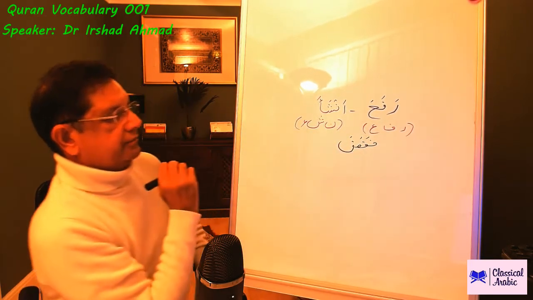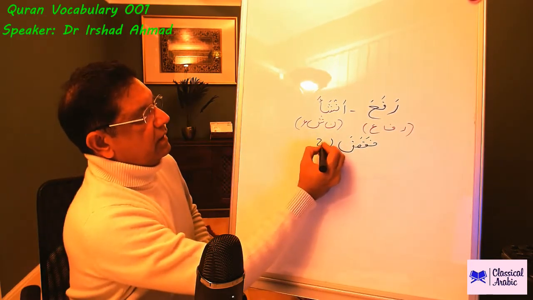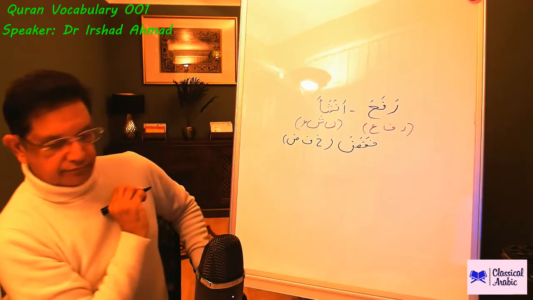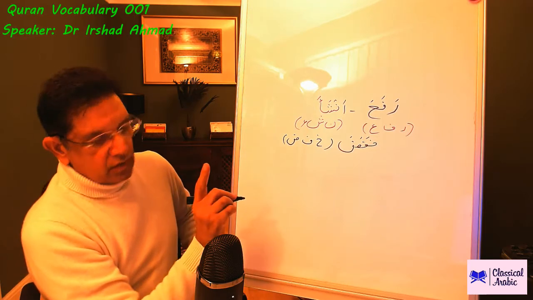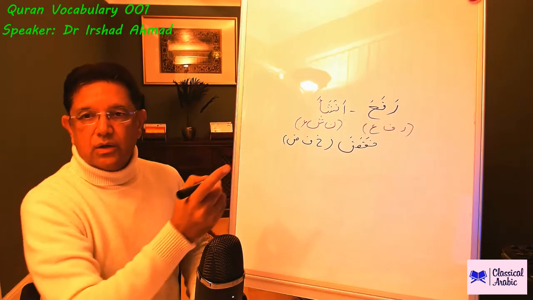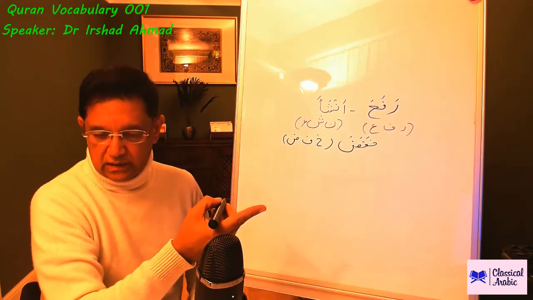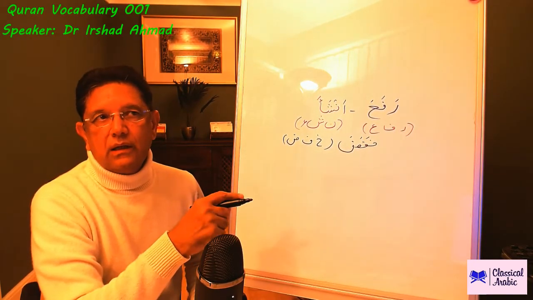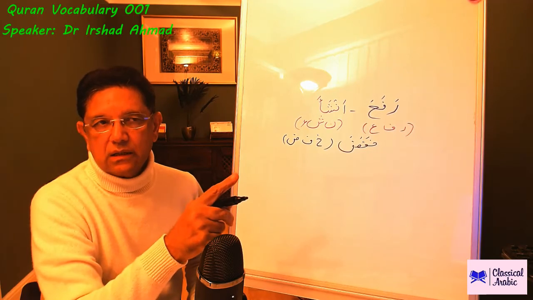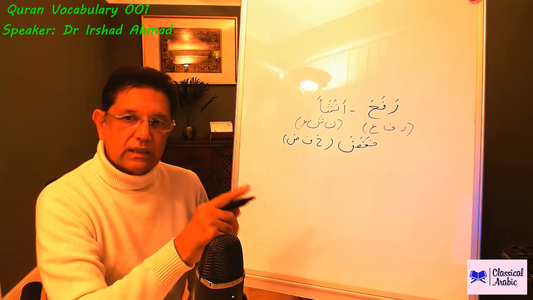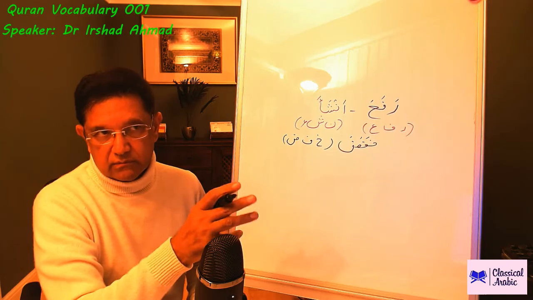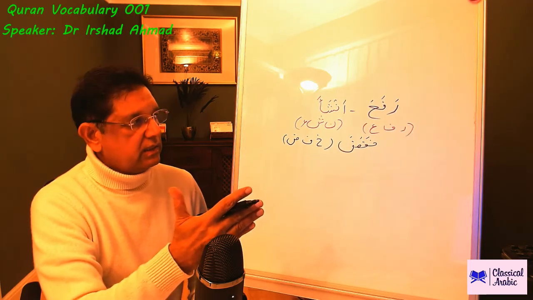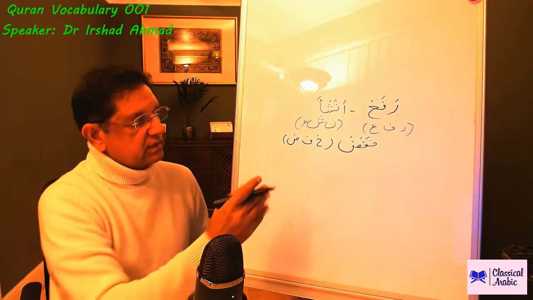The root will be kha, fa, and dwad. So khafada will be to lower, as compared to raising, to sink, to let down. That also means to lean on one side, or when used in that context, to compare the sides. So those kinds of meanings are in this root.